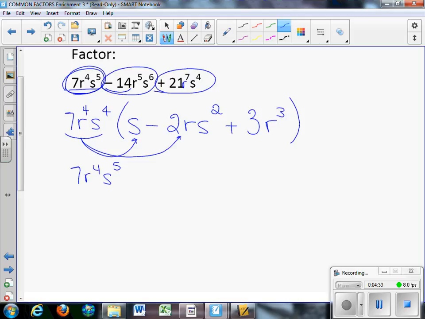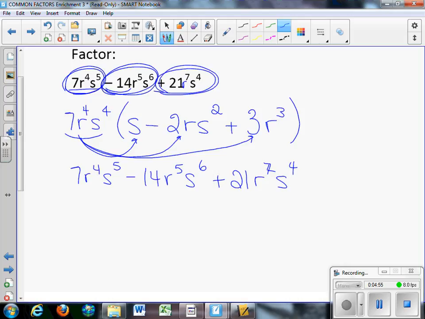So that gives us negative 14r to the 5th, s to the 6th, which is what we have here. And then the last term, if we multiply the 7r to the 4th, s to the 4th, times 3s cubed, we have plus 21r to the 7th, and s to the 4th, which is what we have right here. So then we know that we have factored this correctly.